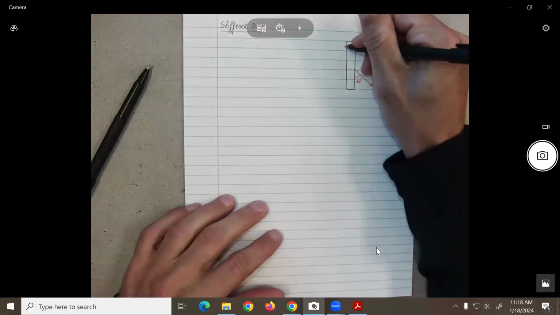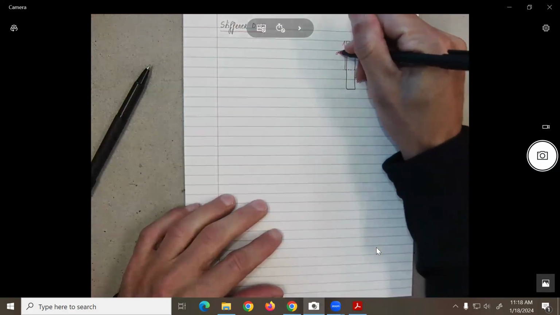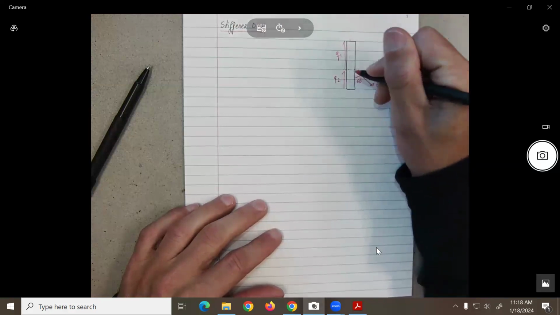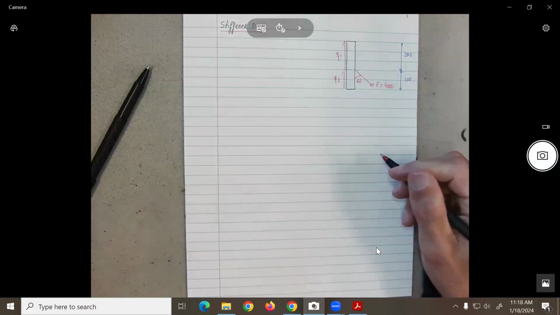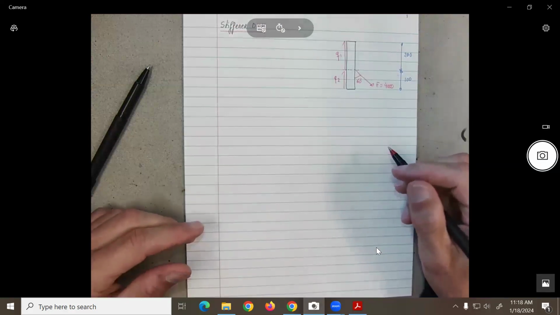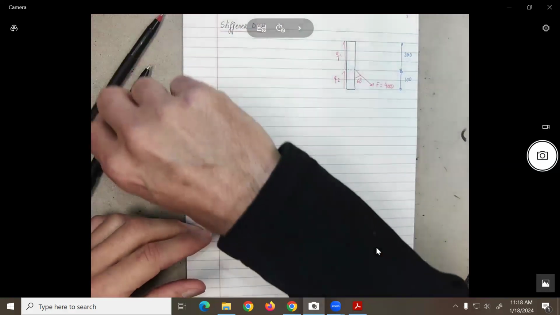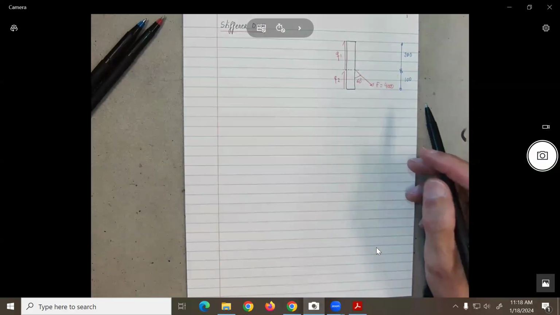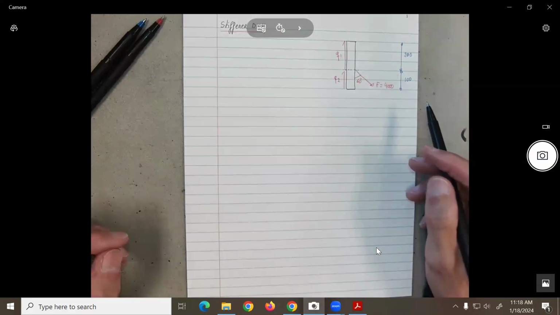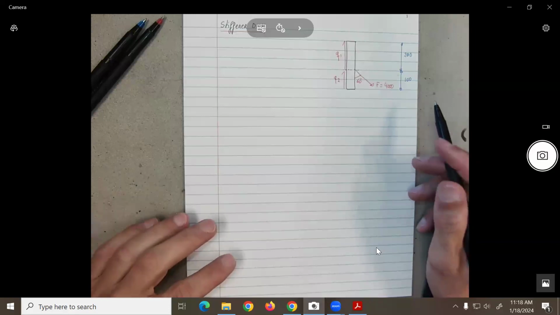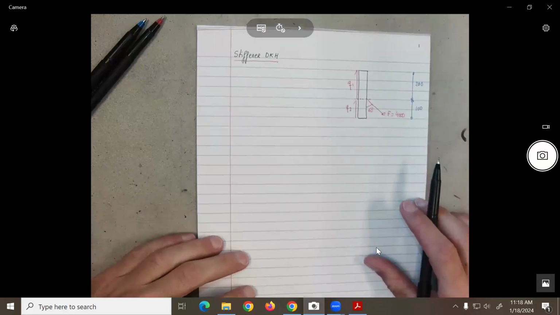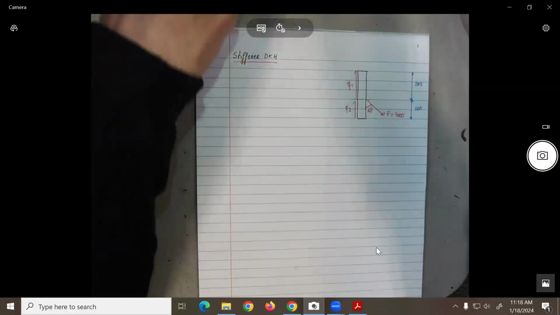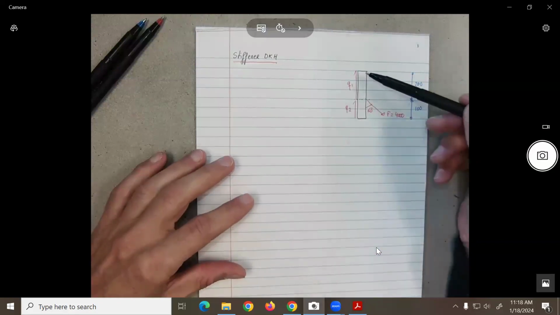And then as we did the other day, on this side we're going to have Q1, and on this side we're going to have Q2. Okay, imagine this is a beam.